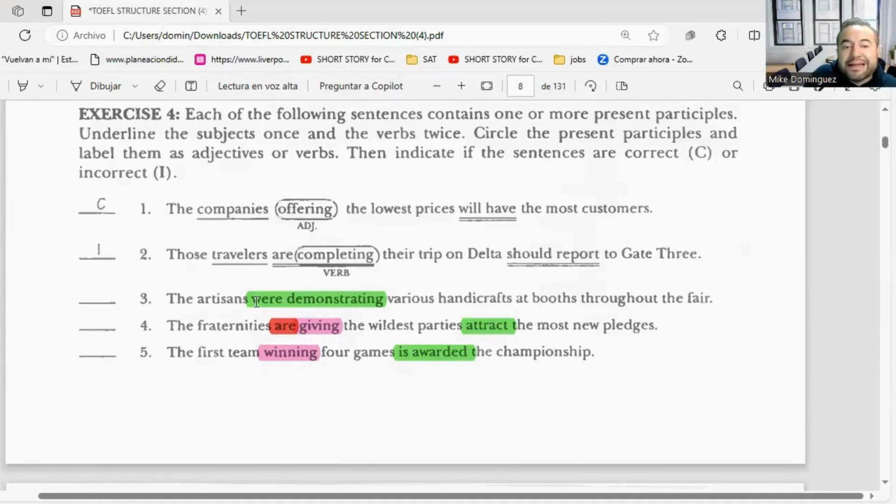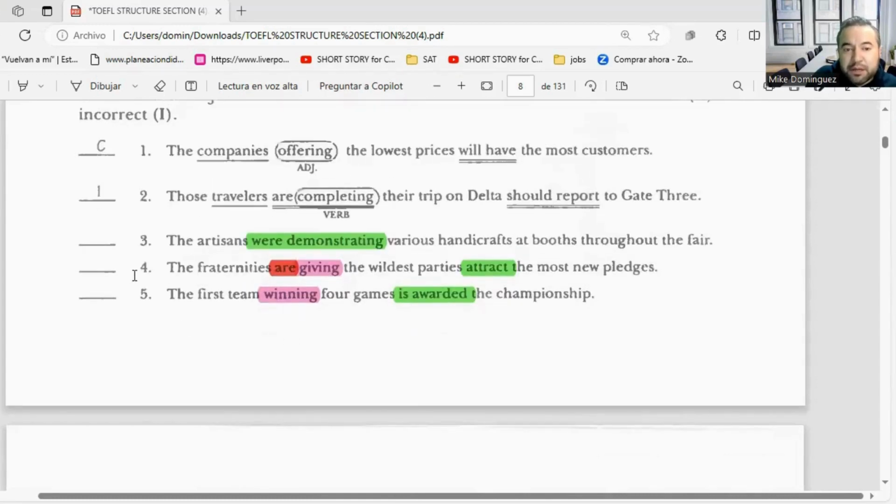The words highlighted in green are the verbs. The words highlighted in purple or pink are the adjectives. Whatever is marked in red is unnecessary, which means the sentence is wrong because it's extra. For example, in number 4, are giving: you don't need are because giving is in the role of an adjective.